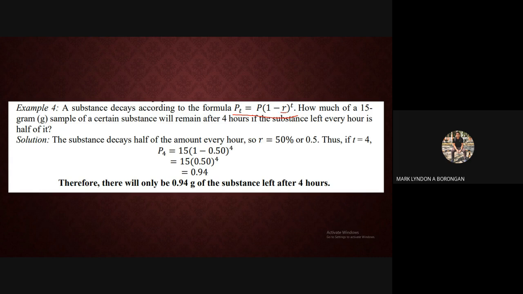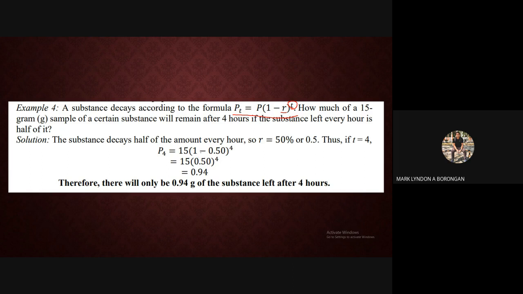So your R will be equal to 50% or 0.5. Thus, if T is equal to 4, T here is time, guys. If T is equal to 4, you can now substitute the values. So P sub 4 is equal to 15 times 1 minus 0.50 to the power of 4.